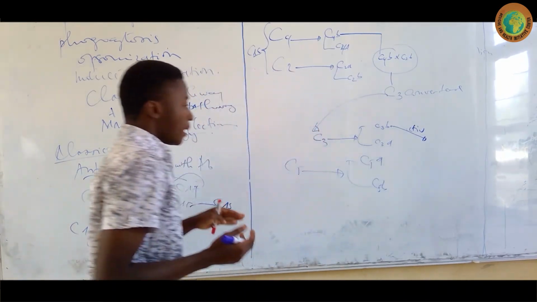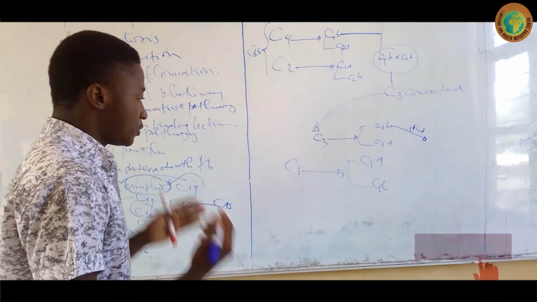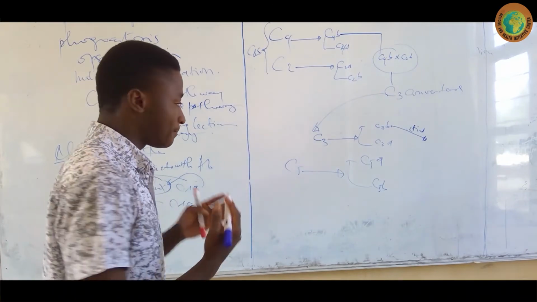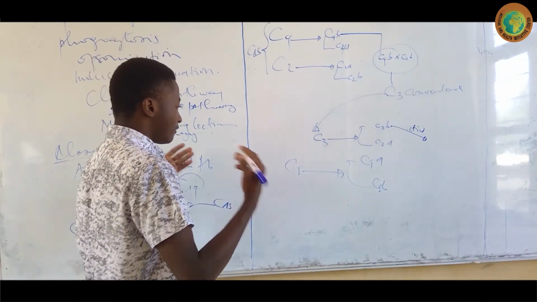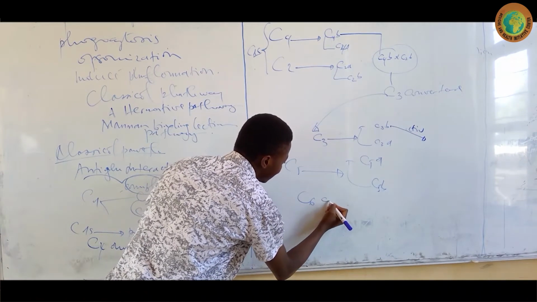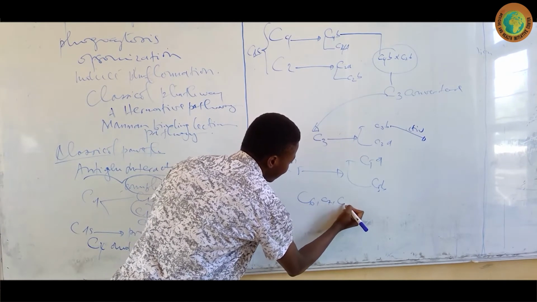The C5b produced will activate other inactive proteins in circulation, which are C6, C7, and C8.